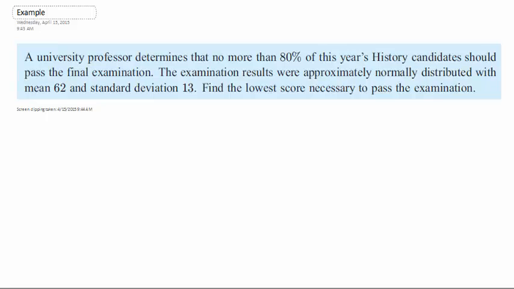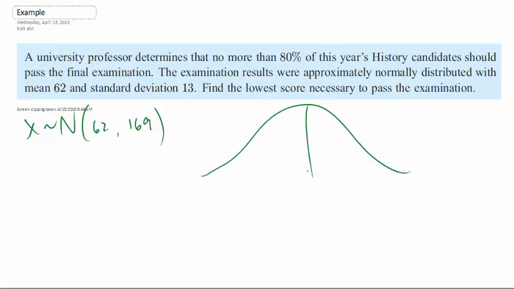Alright, so we know it's normal. We know that X is distributed normally with a mean of 62 and a variance of 169, or 13 squared. So we have a bell curve with 62 right here, and we know that 80% are going to pass.